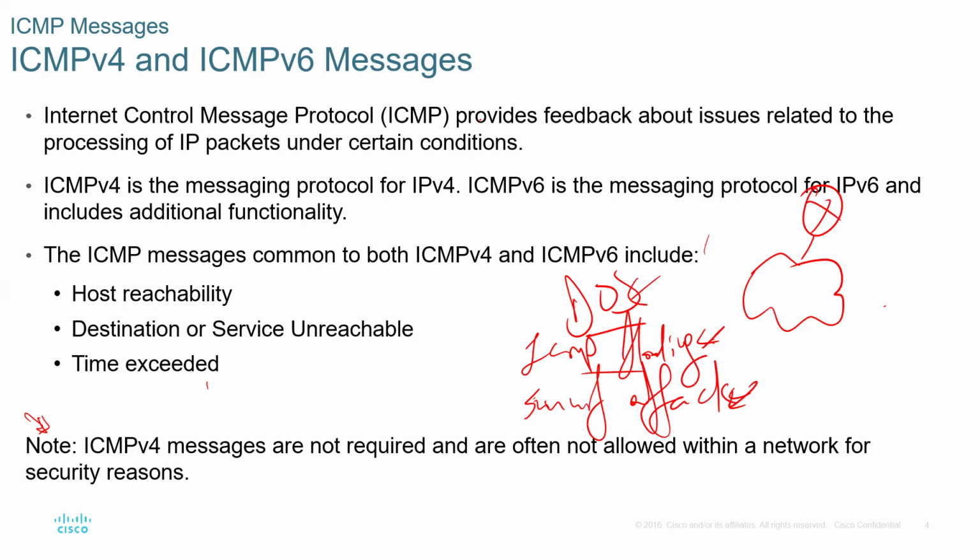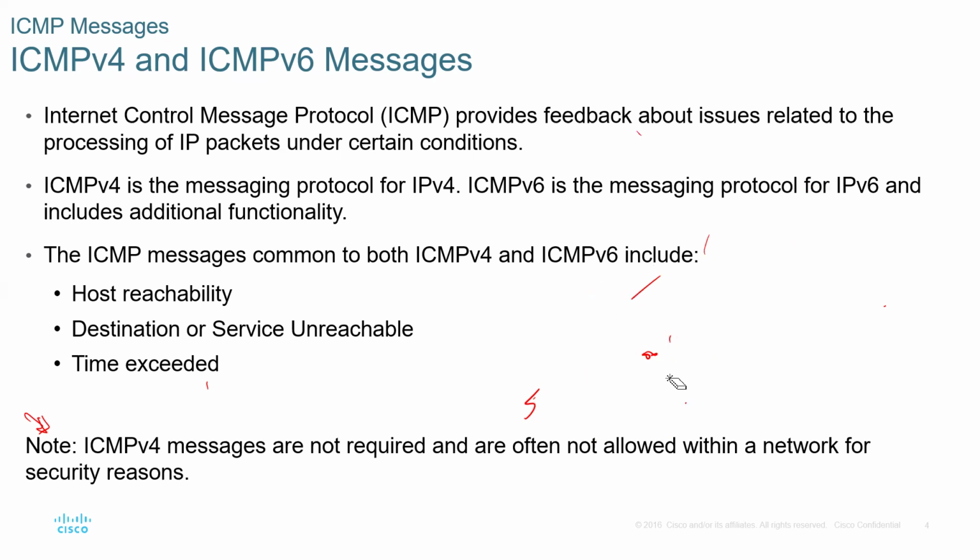Last one: there are many reasons why ICMP traffic gets blocked. The reason why you can ping in Packet Tracer all the time with no problem. Try setting up a network with some PCs and try to ping remote networks. You won't be able to do that because ICMP traffic will be blocked. We also have information leakage.